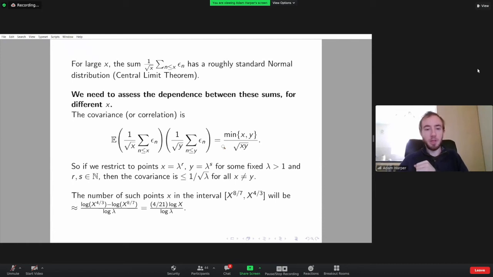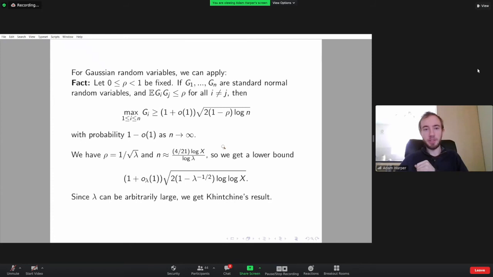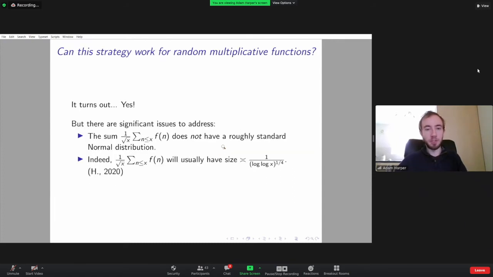So can we do something like this for random multiplicative functions? This is going away from the strategy that Harper introduced in his paper, which I haven't actually explained to you, and going back to something more like the classical probabilistic approach, proving the existence of large fluctuations. Well, of course, the answer is yes, otherwise I wouldn't have spent that time telling you about it. But there are some significant issues.